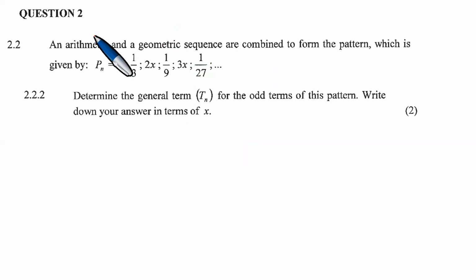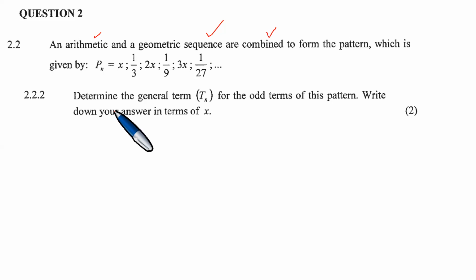They've been combined to form a pattern, which is given by Pn equals x, 1/3, 2x, 1/9, 3x, and 1/27. Determine the general term for the odd terms of this pattern.